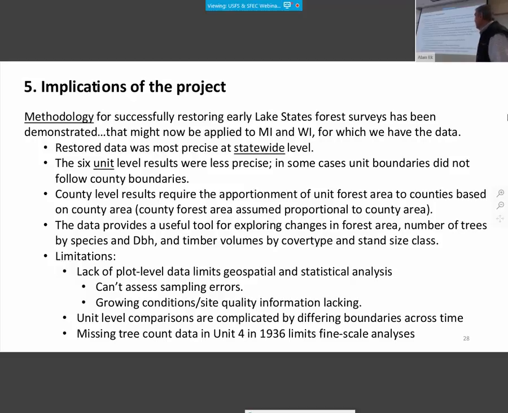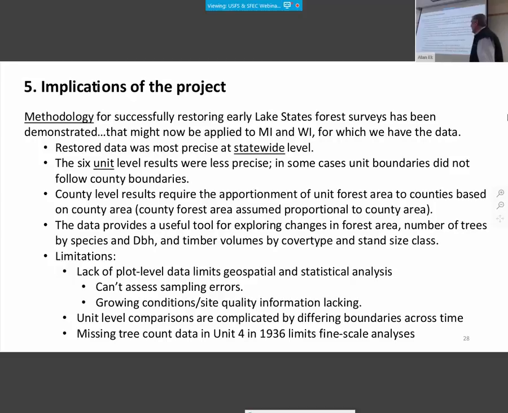The data really is, I think, a pretty useful tool for exploring these gross changes. And we can add to it, the data now is fairly reachable. We do have these problems: we can't really develop sampling errors without the original plot data, and even then some variables have definitional problems compared to today.